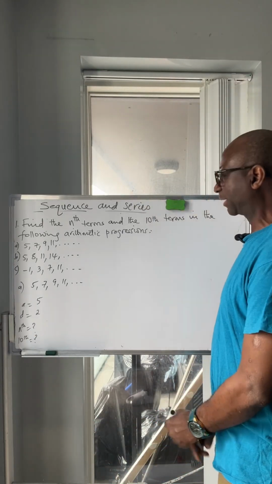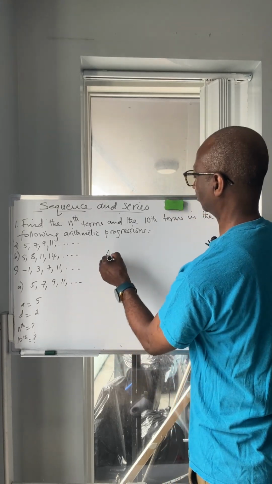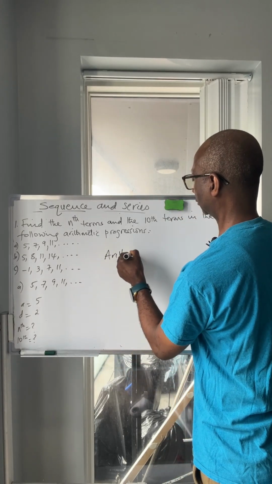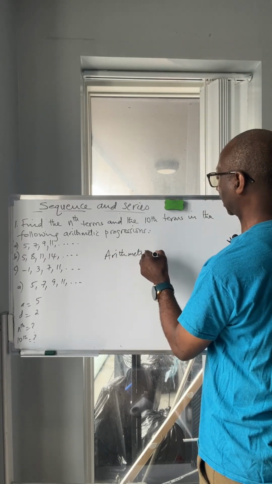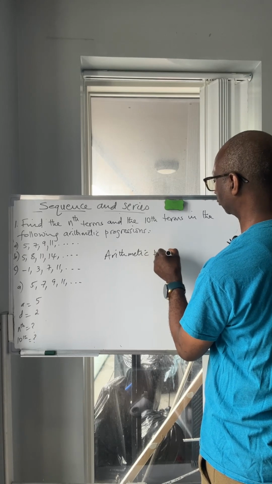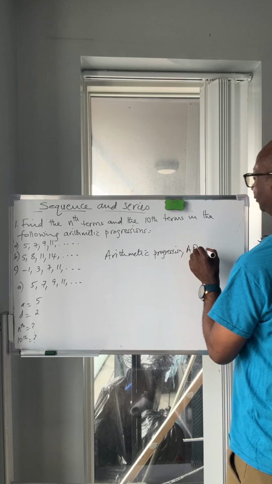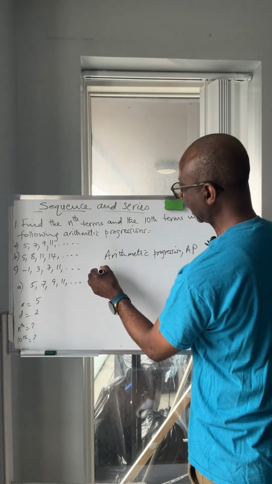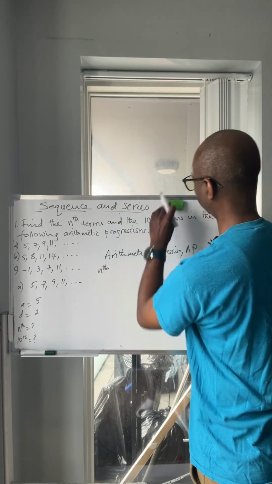For an arithmetic progression, normally we say AP, the nth term, you should keep it in your brain.